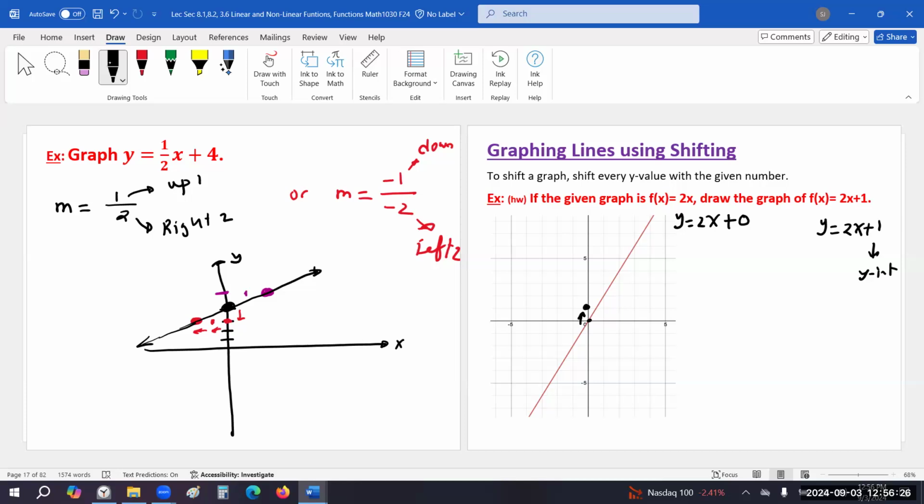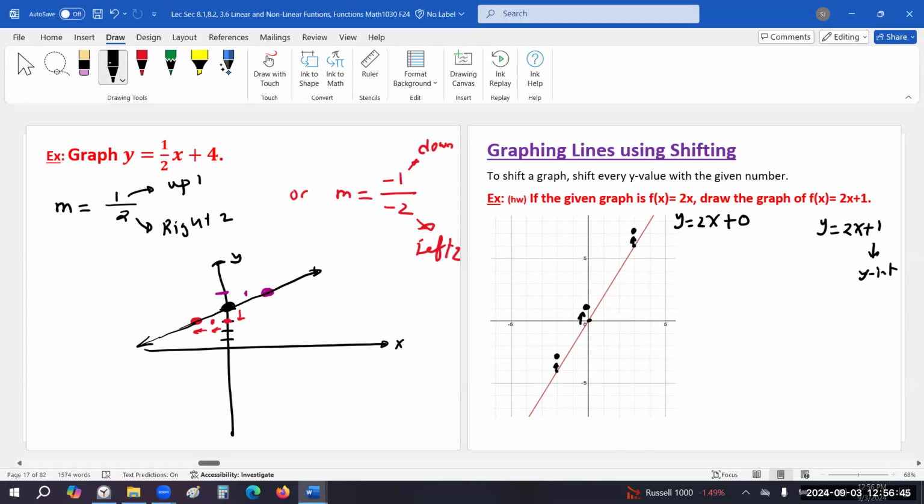For example, this is a good point because it's going through the corner of the grid. So I can move this 1 unit up at here. And this is also a good point. So I can move this 1 unit up at here.